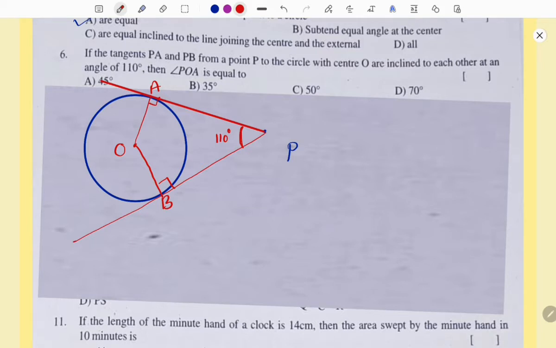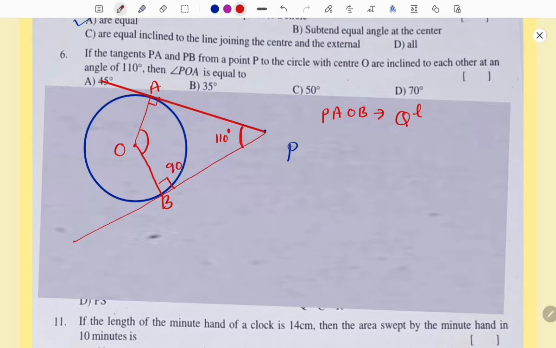Okay, now angle POA. Before going to that one, what about this angle? See clearly, here PAOB is a quadrilateral. Here the sum of four angles is how much? Sum of four angles is 360 degrees. Yes or no?